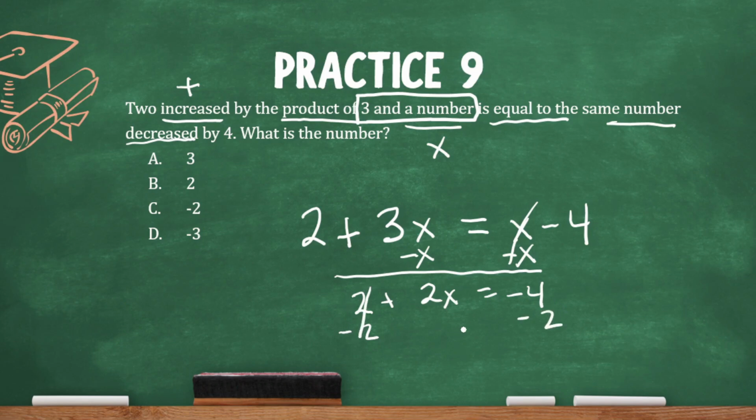This cancels out, so I've got 2x equals negative 6. And if you're not sure about your negatives, I'd use your calculator, but negative 4 minus 2 is negative 6. Last step, divide by 2 on both sides. That cancels out. Negative 6 divided by 2 is negative 3. So my answer is D.